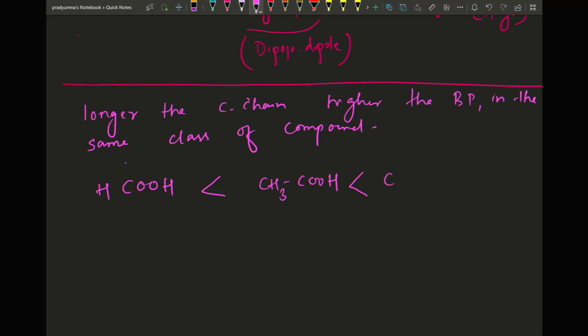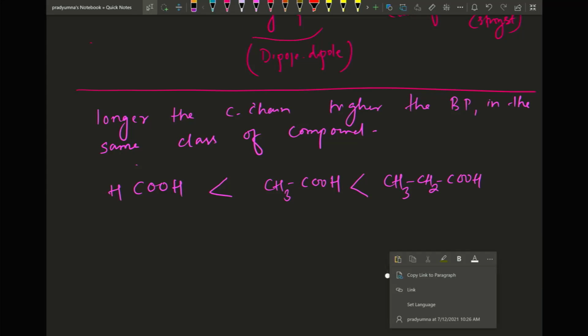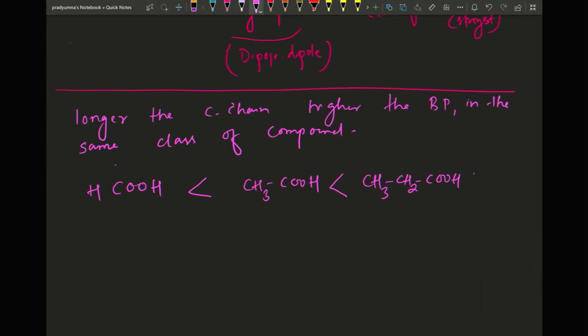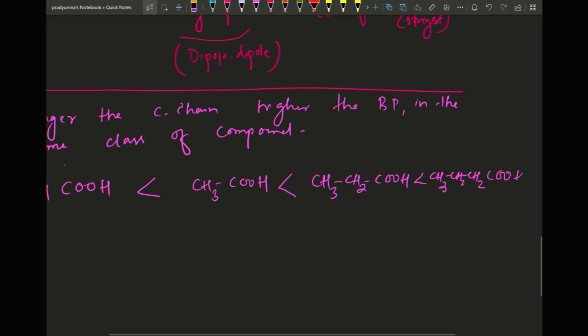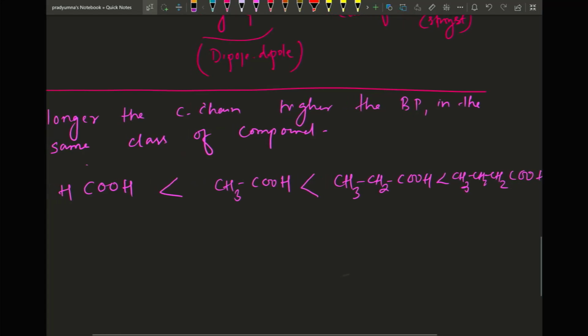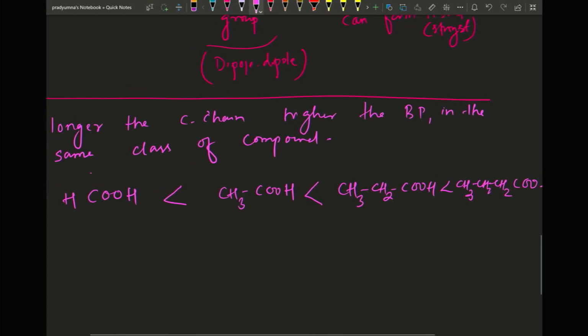This one would be smaller than CH3CH2COOH. And this one would be even smaller than CH3CH2CH2COOH. So as the carbon chain increases, the boiling point increases. So this is the boiling point, low to high.